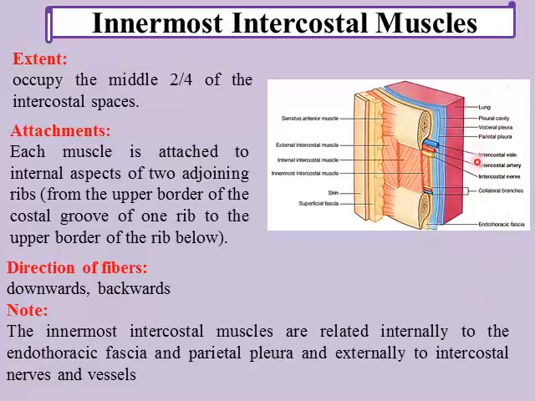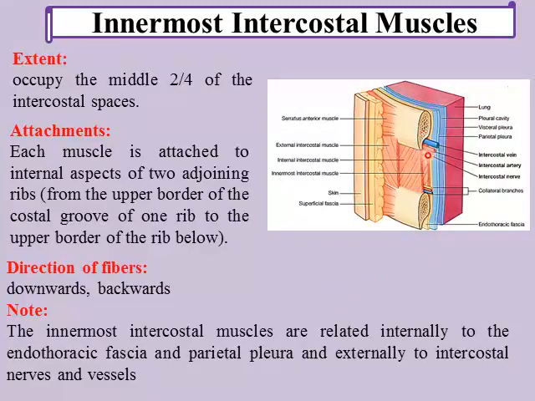And this is their arrangement: vein the most superior, artery in the middle, and the nerve below. Vein, artery, nerve are enclosed by the internal intercostal from outside and the innermost intercostal from inside.